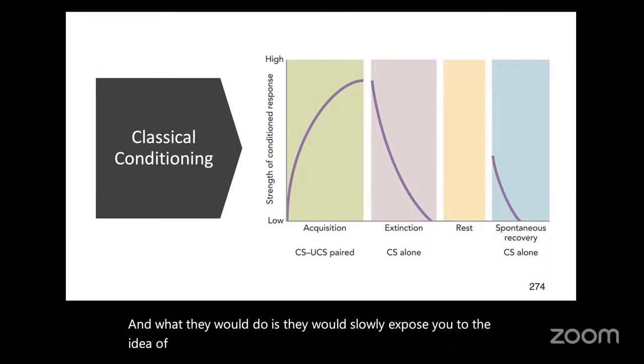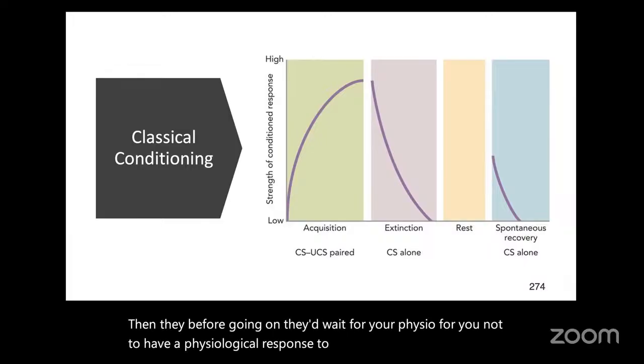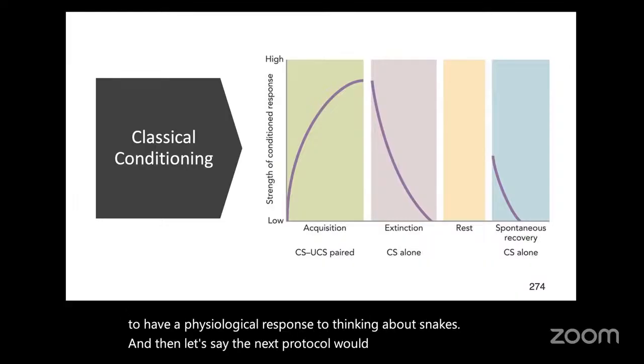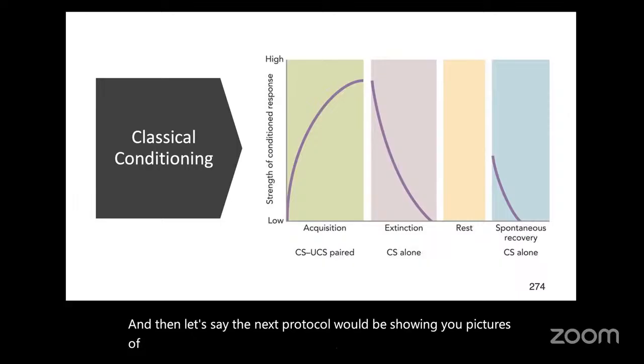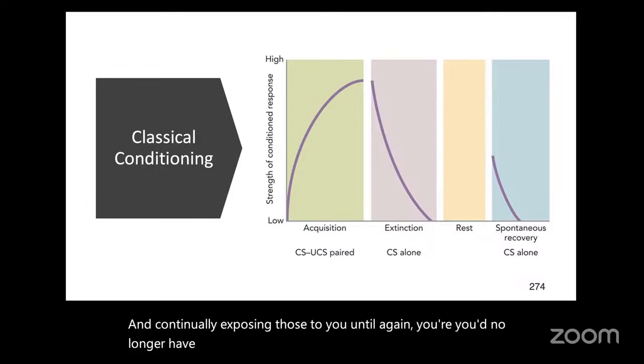Maybe they would start with you thinking about snakes, and before going on, they'd wait for you not to have a physiological response to thinking about snakes. And then let's say the next step would be showing you pictures of snakes on a computer screen and continually exposing those to you until again you no longer have a physiological response.